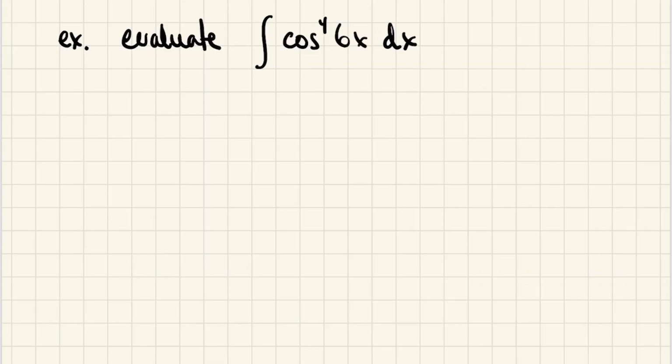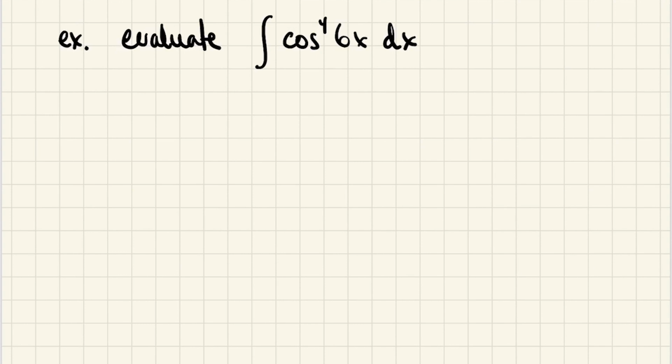All right, here we are with an even power of cosine, which means if we try to reserve a cosine of 6x, that'll leave us with a cosine cubed of 6x, and that's just not very easy to convert over to sines using a Pythagorean identity. So that whole method that we used for the first two examples is just not going to apply here.